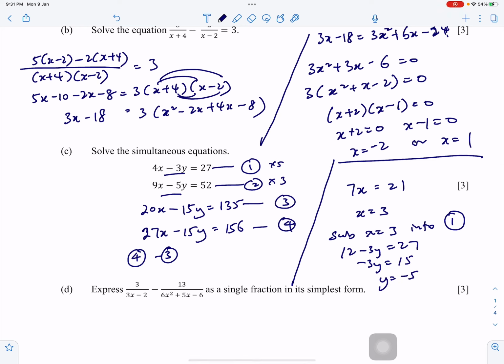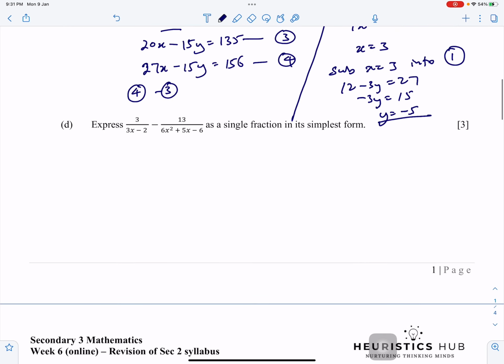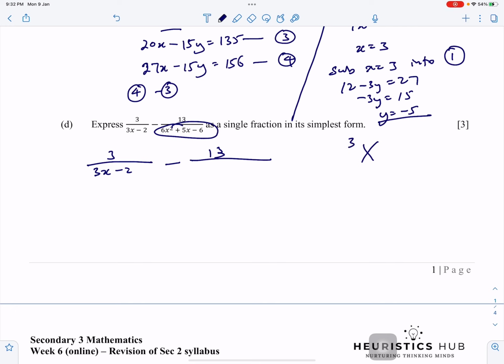Okay, pretty much simple. This is question part C. Now part D itself, what you need to do is to factorize the denominators to find out whether it has a common factor as the other fraction or not. So let's take a look at this.